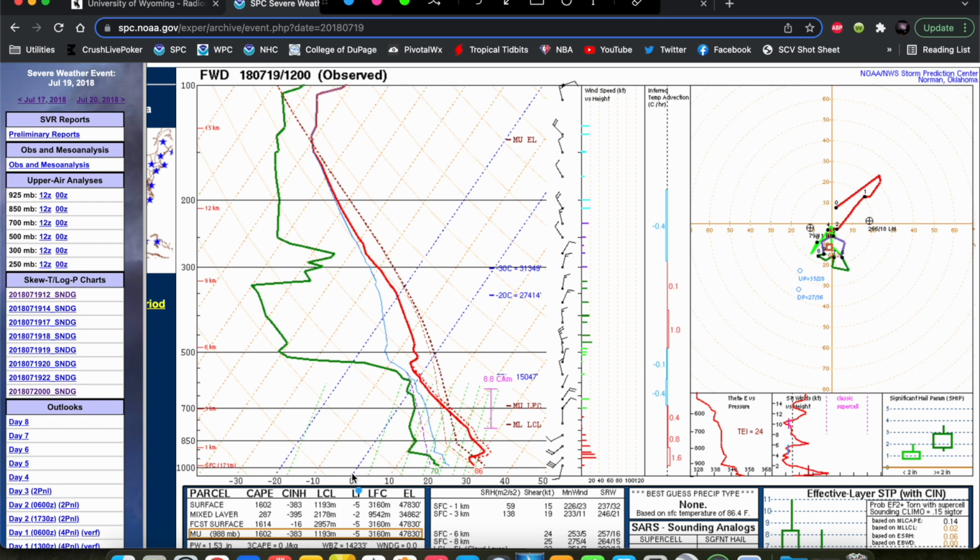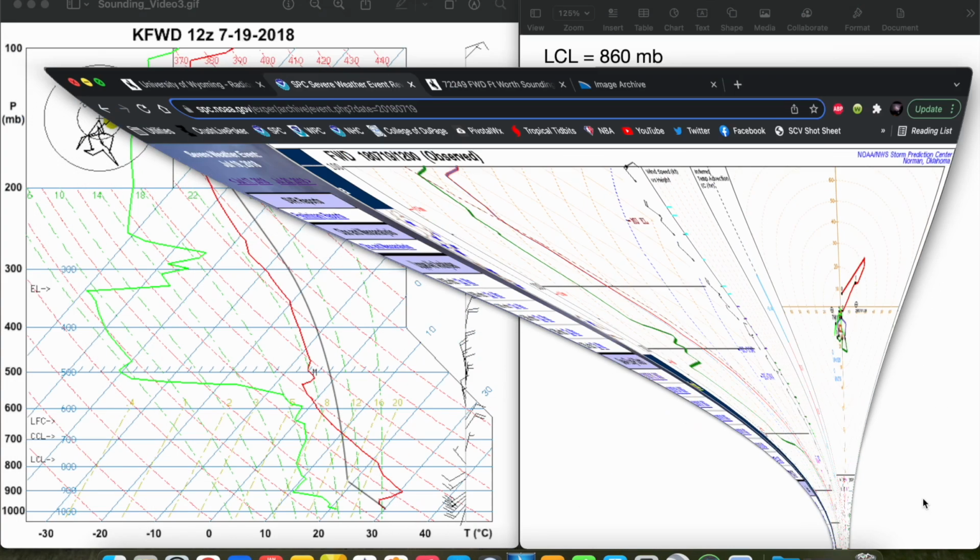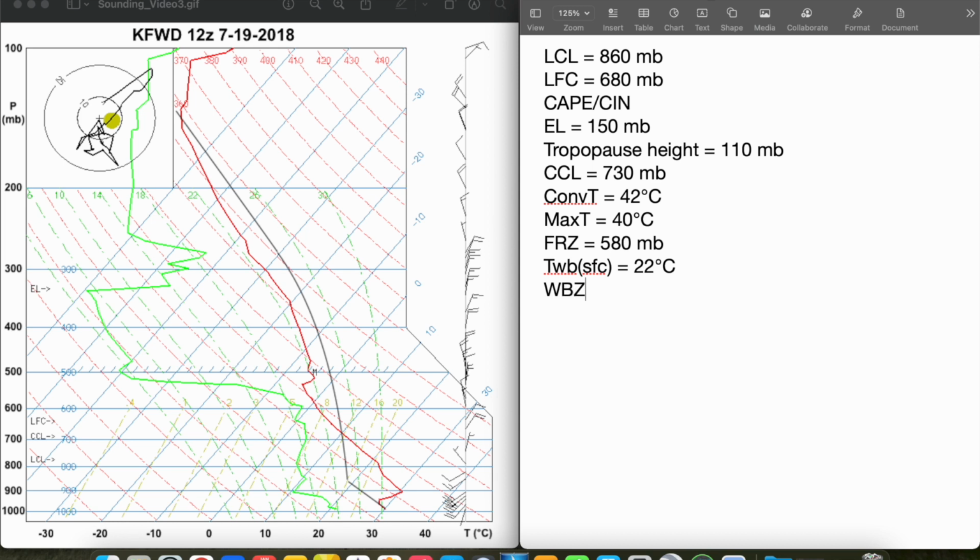So we'll go up along the 0 degree isotherm here, all the way up, right where it intersects the wet bulb temperature profile, which in this case, this is the same sounding that we've been looking at for all of our parameters, would be something like, this would be 550, 600, 650. So actually right about 600 millibars is our wet bulb zero level. So let's go ahead and plot that on our chart, wet bulb 0 level equals 600 millibars.